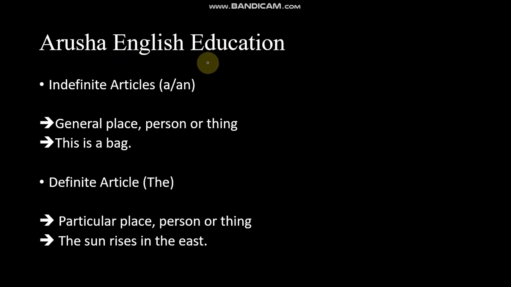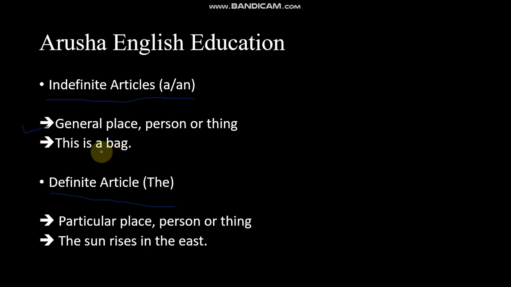Now we will understand the difference between indefinite article and definite article. A and An are indefinite articles while The is the definite article. If the noun used in a sentence is used for a general place, person or thing, then we will use an indefinite article before that noun.